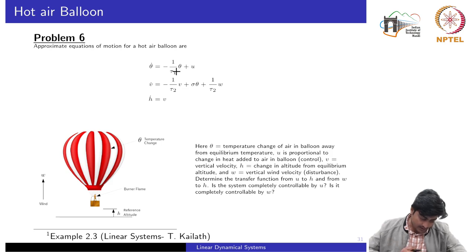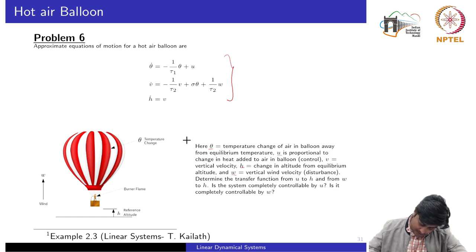Problem 6 is a hot air balloon where the approximate equations of motion are given. This problem is taken from the book on linear systems by Chen, which is example 2.3. These equations are linearized around some operating conditions. Theta, u, h and w have some physical significance.